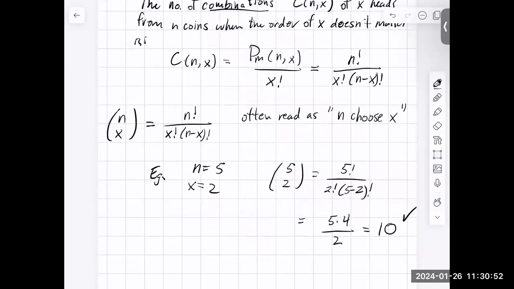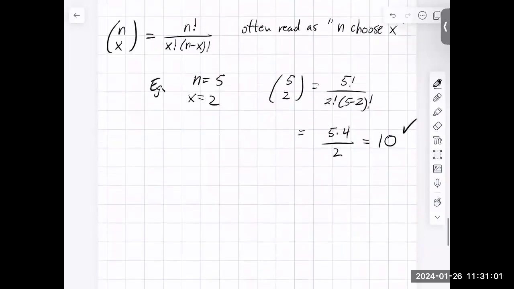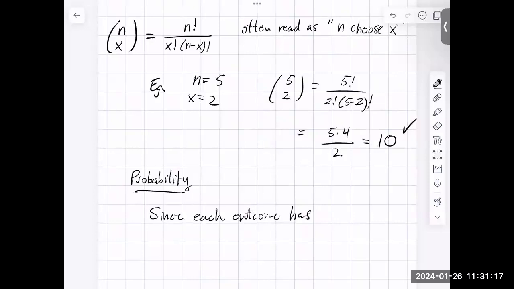All right. So we're now going to do the probability. And we're going to actually write down this binomial distribution. Okay, so probability. Since each outcome has the same probability, and we wrote that down at the beginning, 1 over 2 to the N, right?